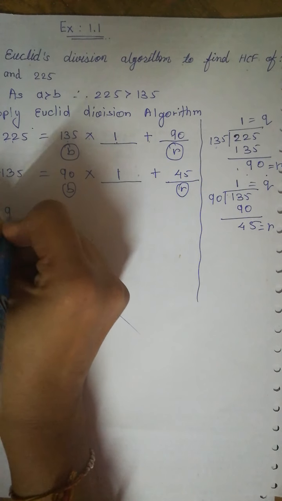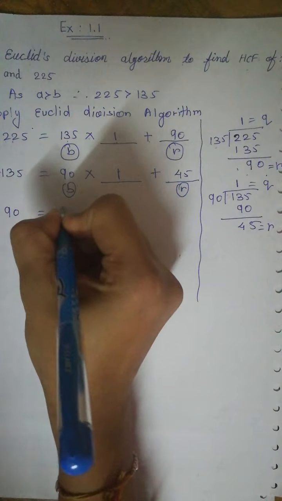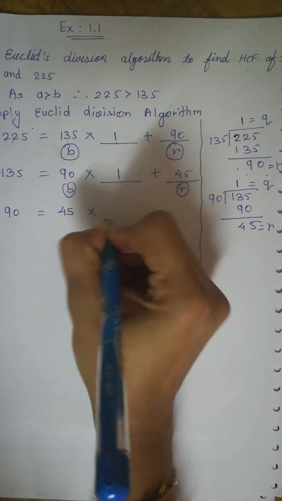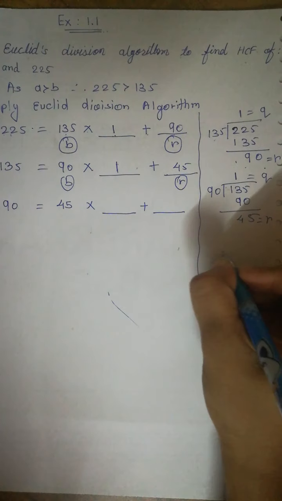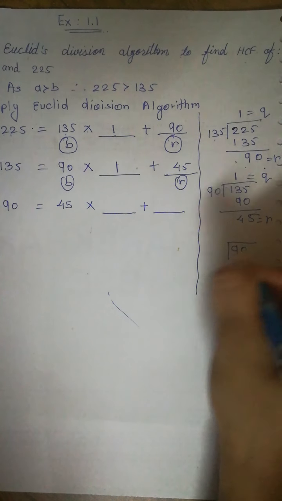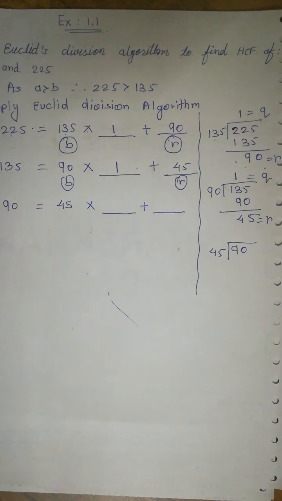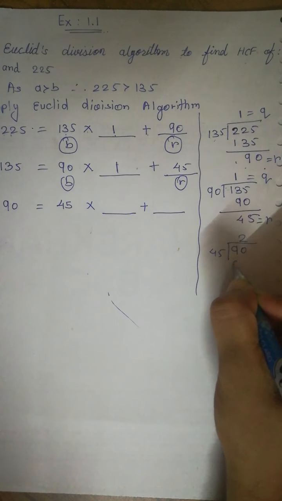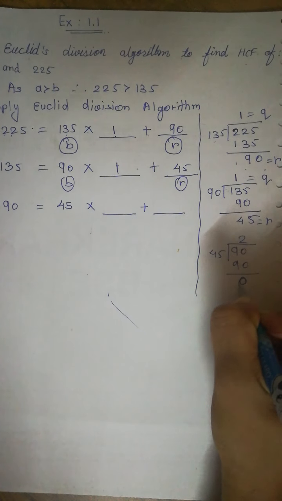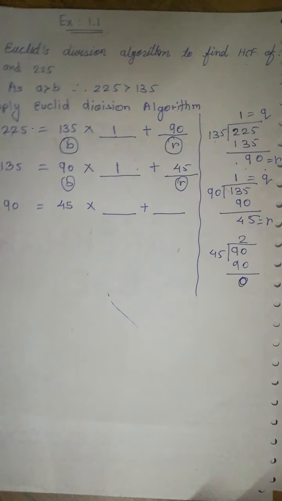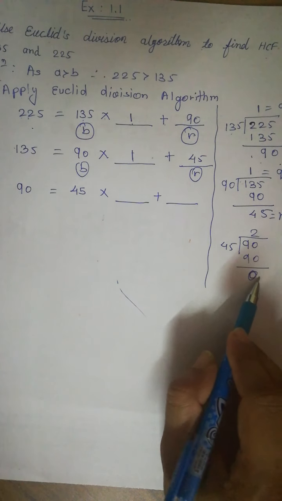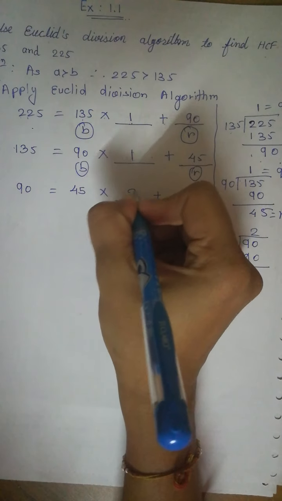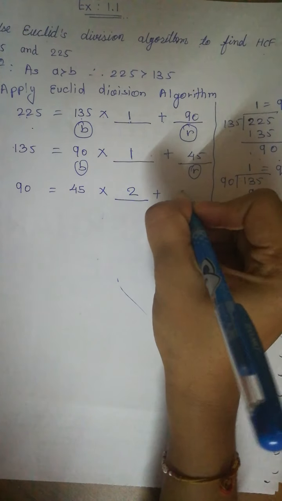Therefore, by Euclid division algorithm, 90 is equal to 45 into the quotient plus the remainder. So let's check 90 divided by 45. As we know, 45 twos are 90, so we get the remainder as 0. So bingo, we have the remainder 0 at this stage. So 45 into quotient 2 and the remainder is 0.